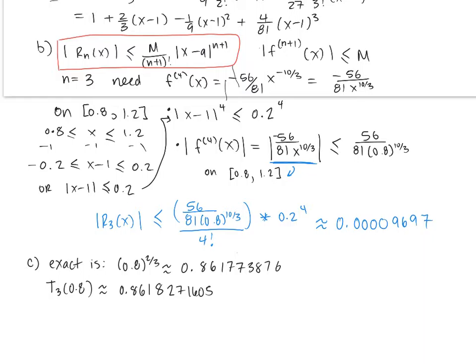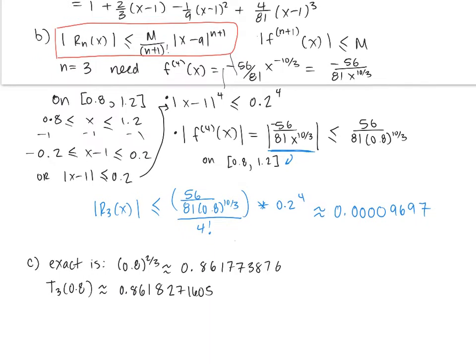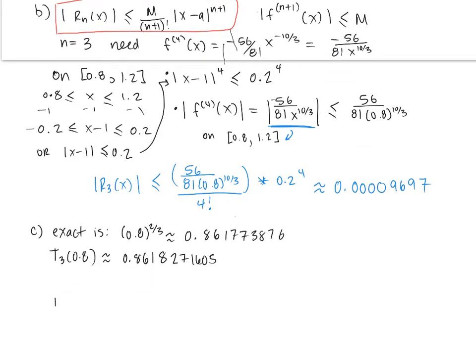So what did you get when you did T3 minus 0.8 to the 2/3? 5.32 times 10 to the negative fifth. That's fine, I think, isn't it? The decimal goes backwards 5 spots, so that's 4 zeros, then 5, 3, 2. So that is less than this number, yes? Okay, awesome.